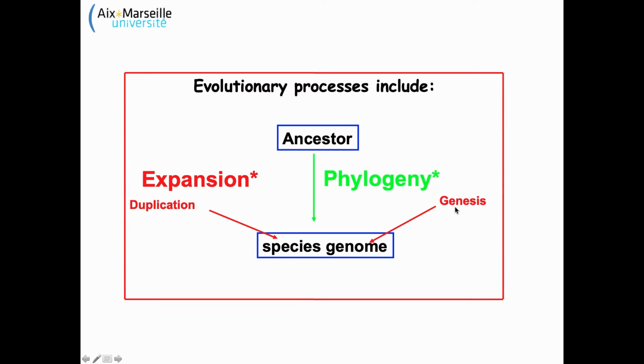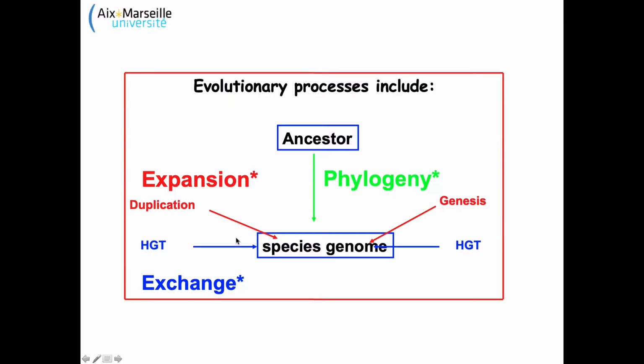You can also have the genesis of a gene. You have no gene in the ancestor, and we don't know why, but during evolution a new gene appears, which is called simply the genesis of a gene. You can also have gene exchange between different species, okay?